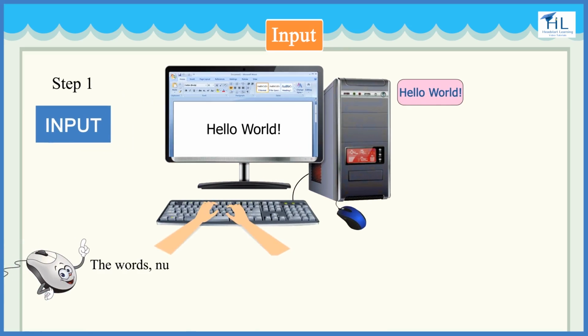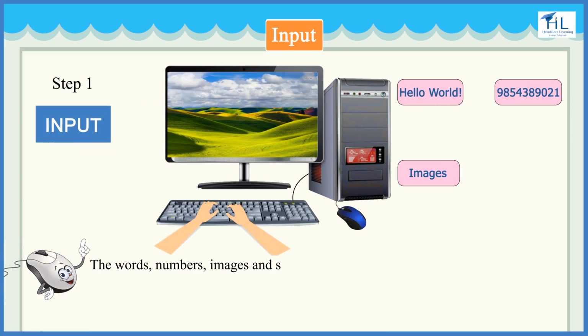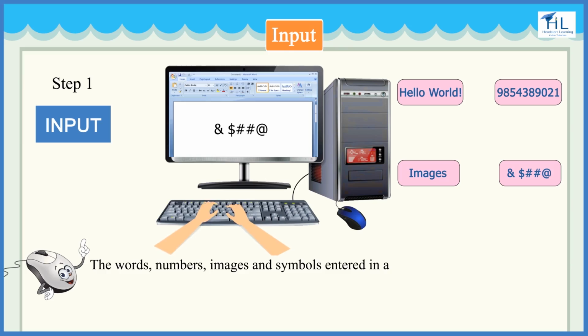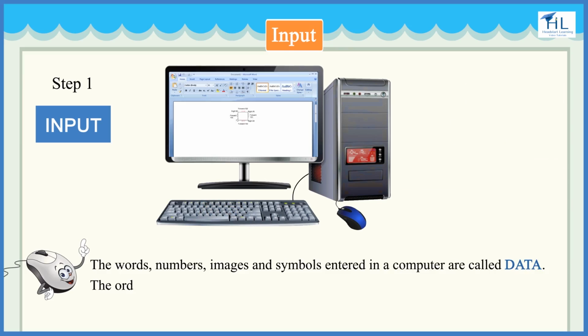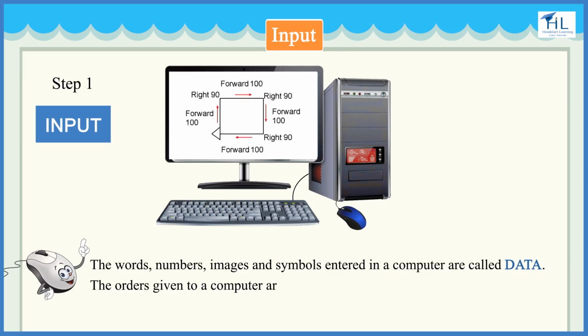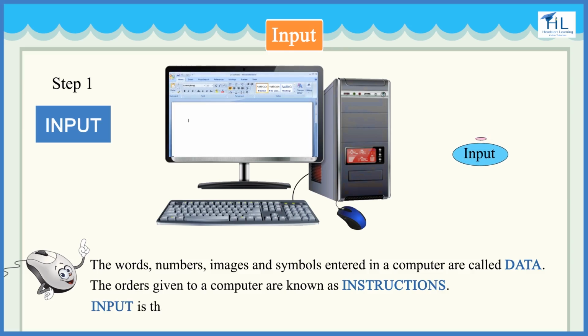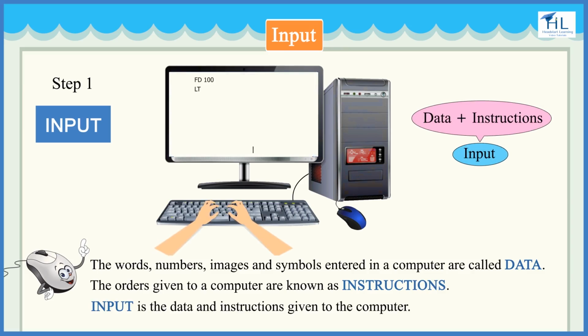The words, numbers, images, and symbols entered in a computer are called data. The orders given to a computer are known as instructions. Input is the data and instructions given to the computer. We can enter data and instructions into the computer through input devices.